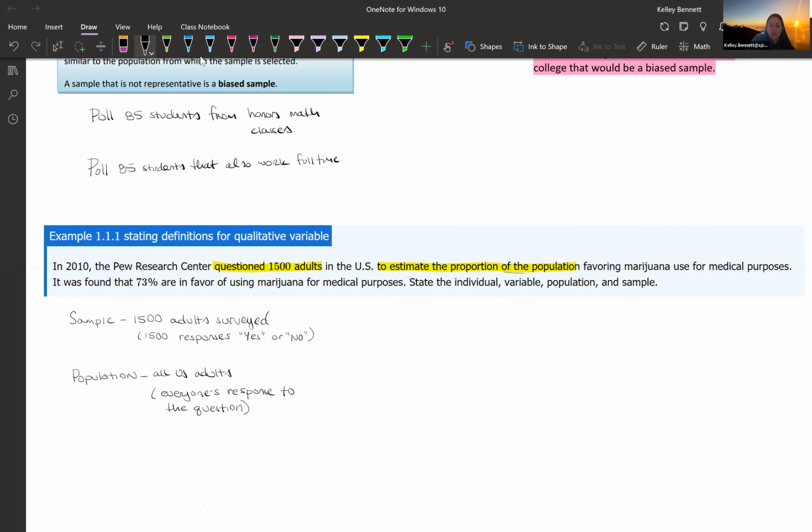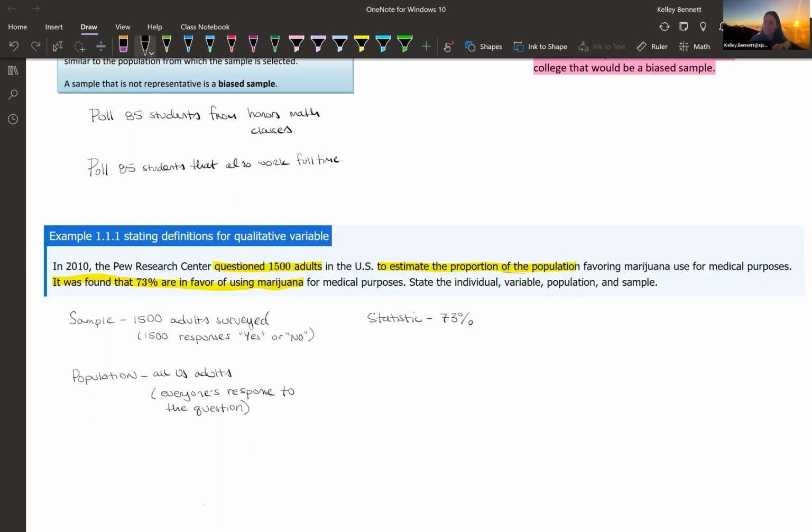So then the next thing you want to do, now we have this 73%. This isn't actually stated in the question, but I'll just go for it anyway. That 73% is actually a measurement on the sample. So that's going to go with statistic, right? The proportion of the sample, the measurement of the sample, the quantity for the sample, that's your statistic.